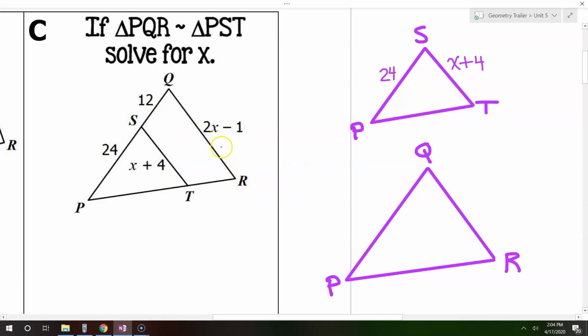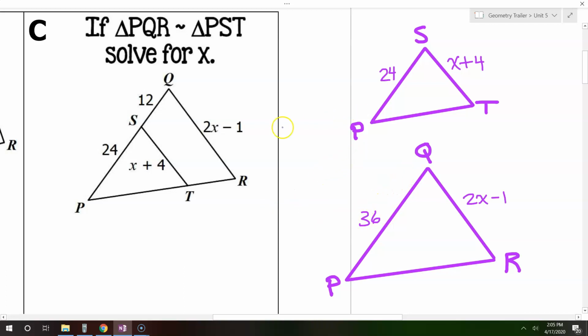On the larger triangle, I see that QR is 2x minus 1. Now, what about QP? QP is made up of 24 and 12. You have to add those up. So that's going to be 36. So QP is going to be 36.